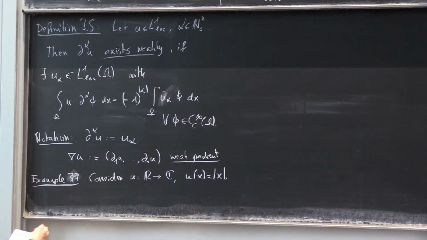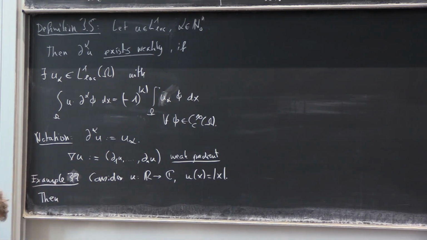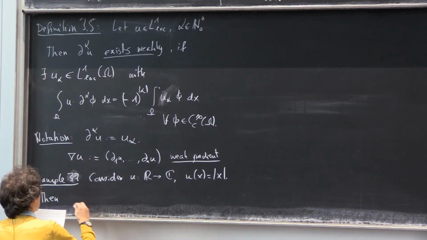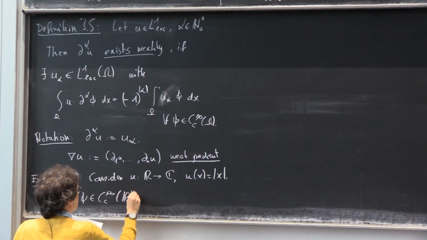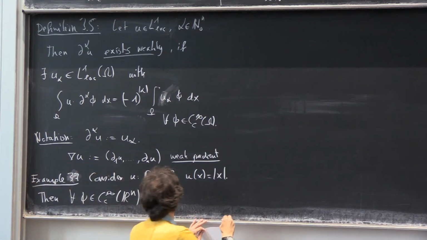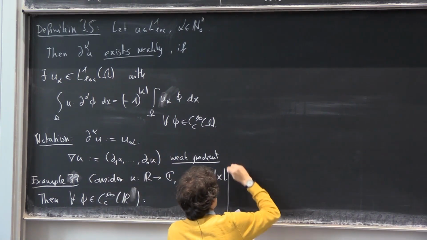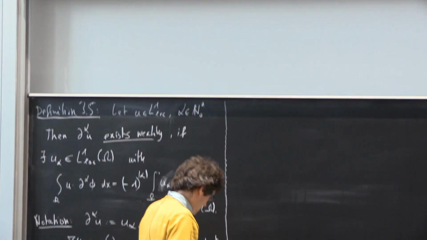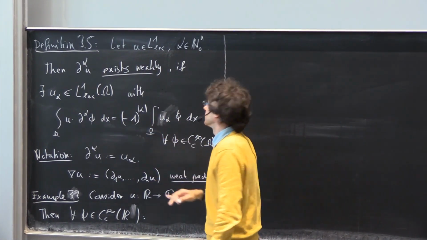And I claim this function is weakly differentiable. So how do we see this? Take some test function, take some C_c infinity function on R. We're on R, so n is 1, we're one-dimensional. And then try to find a function that satisfies this equation.